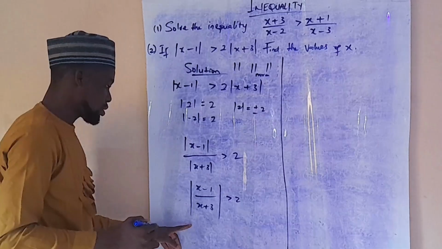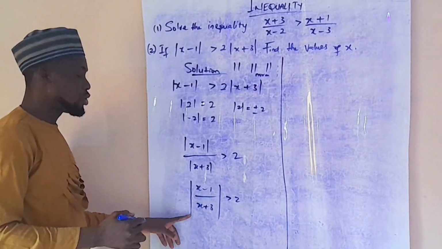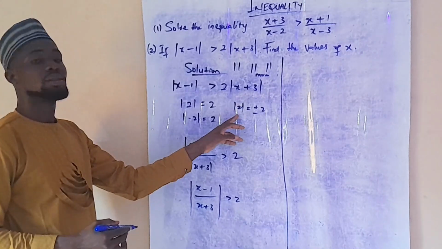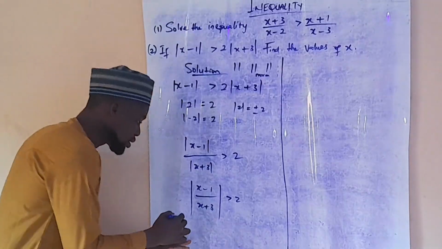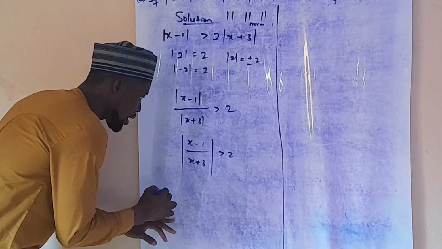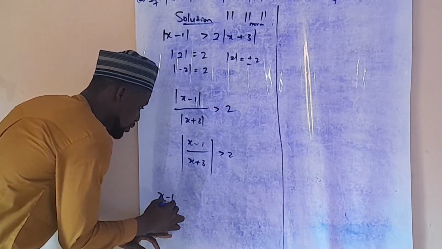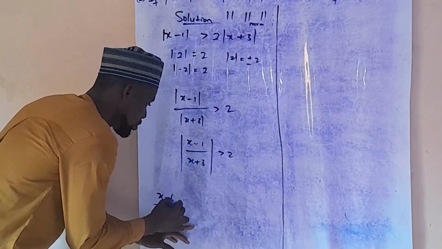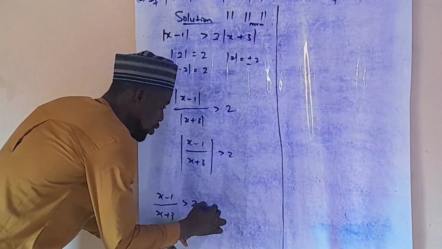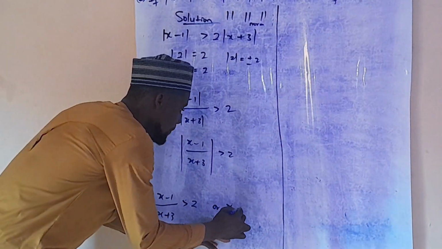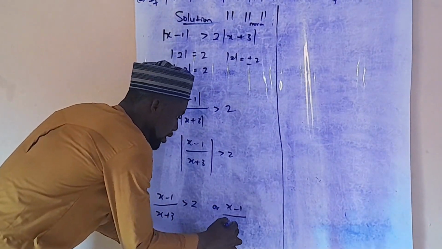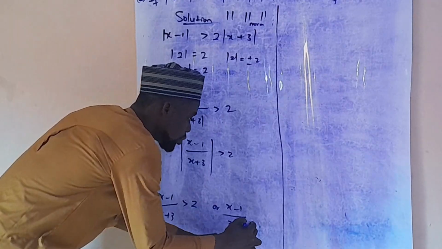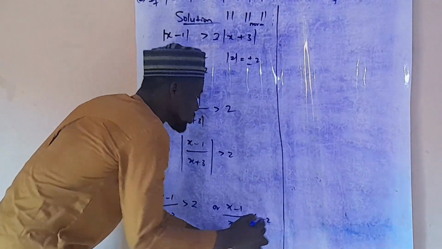At this point, what do I do? Let me open it. So it means x minus 1 over x plus 3 will be greater than 2, or x minus 1 over x plus 3 will be less than minus 2.